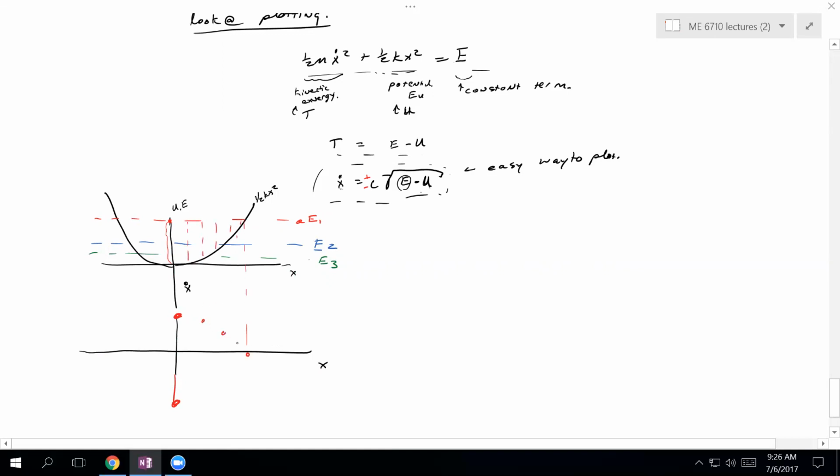And as I go to the right, I can see the same thing. Lesser values moving out to here. So that gives me, I don't know, an ellipse there.